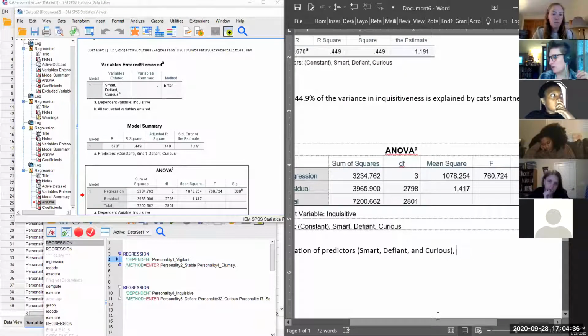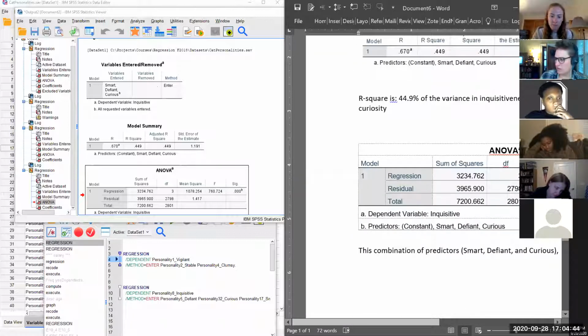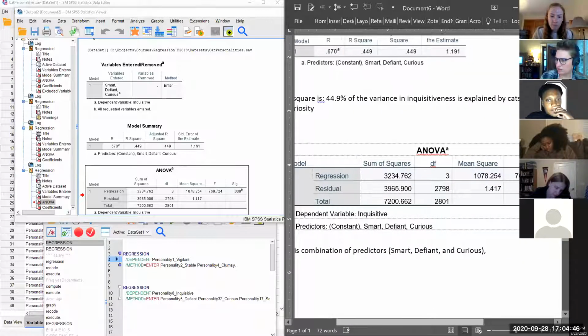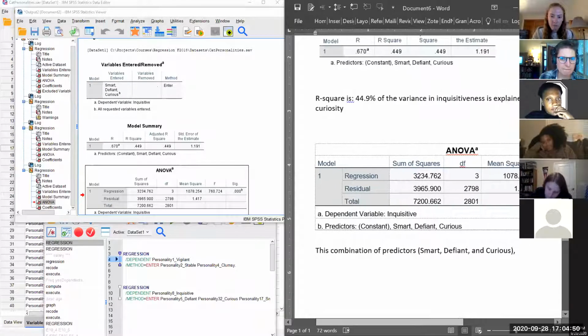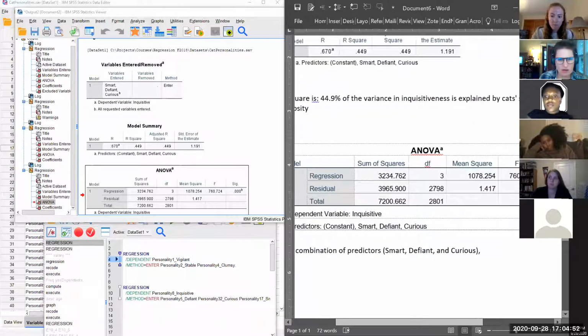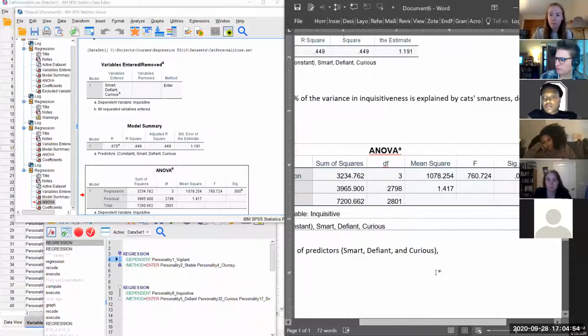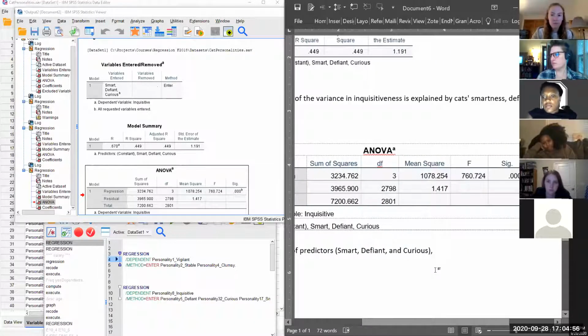Okay, so here for our smart, defiant, and curious as our predictors, it fits better than the grand mean model. How have I been saying it in this class? Isn't that how I've been saying it? Fits better than the grand mean model? Yeah.